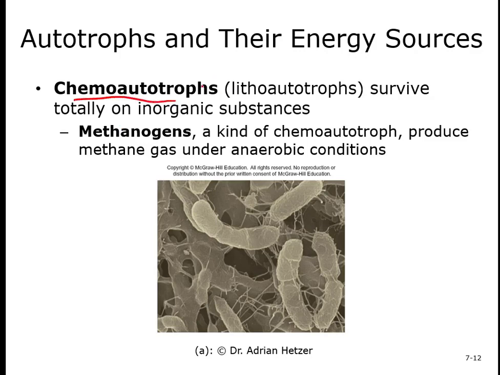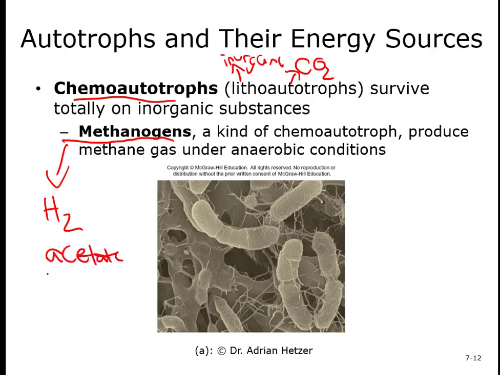Again, we could have a chemolithoautotroph. Okay, so again, an organism that uses inorganic compounds for energy. And autotroph means that they use carbon dioxide as a carbon source. One group of these weird lithoautotrophs are called methanogens. Methanogens can actually consume as food things like hydrogen, acetate, methanol.